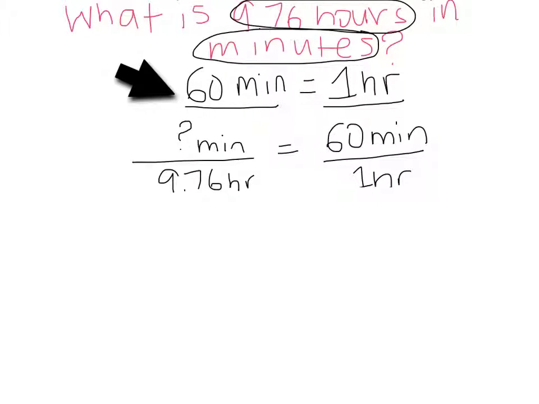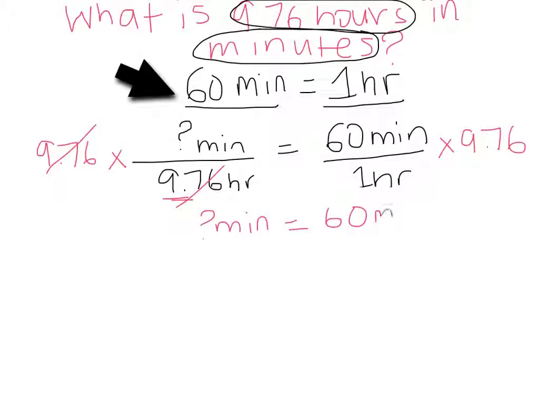Now we have to get rid of this 9.76 hours. In order to do that, we have to multiply both sides by 9.76. Now this cancels out, and you're left with question mark minutes is equal to 60 minutes divided by 1 hour multiplied by 9.76.